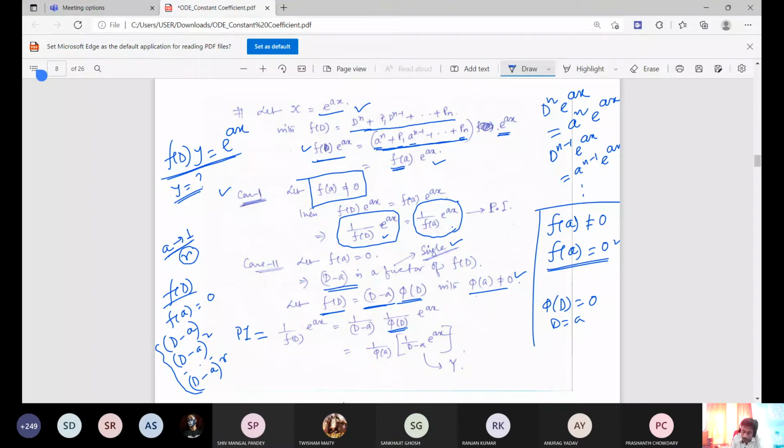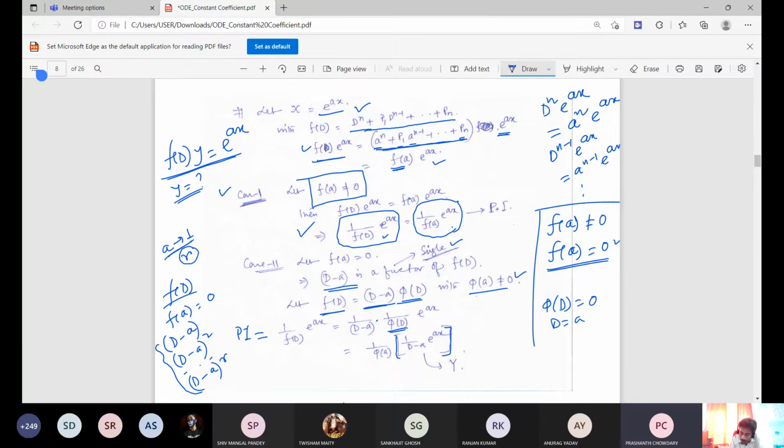Just see, you have two operators: 1/(D − a) and 1/φ(D). Because of the operator 1/φ(D), that we have already seen, it will be 1/φ(a). Now we have to work on 1/(D − a), that is operated on e^(ax). So this third bracket term is what we have to now consider.